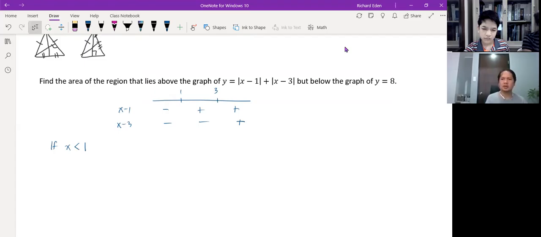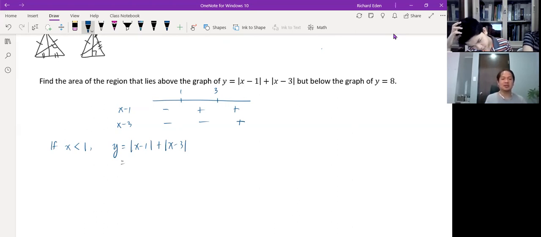Okay, we're trying to do something with the absolute value of x minus 1 plus the absolute value of x minus 3. Because x minus 1 is negative, the absolute value of x minus 1 will be its negative. But x minus 3 is also negative, so its absolute value is its negative.